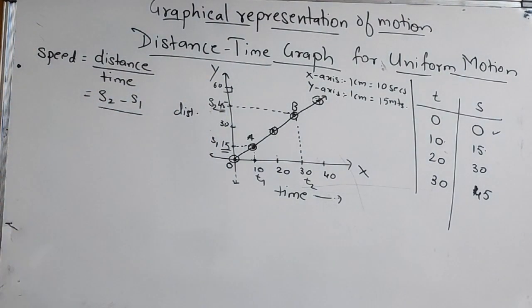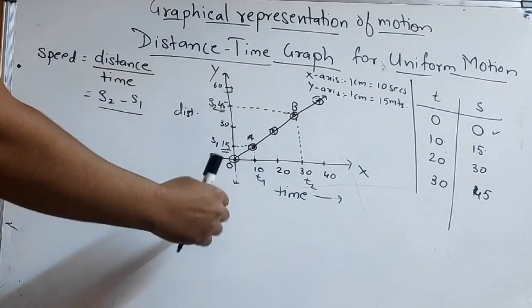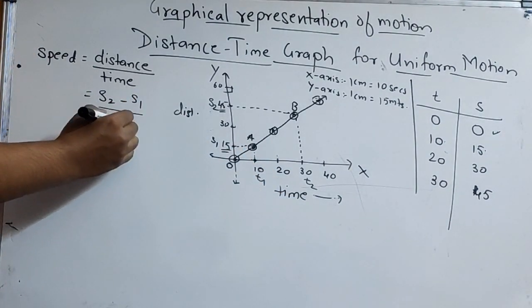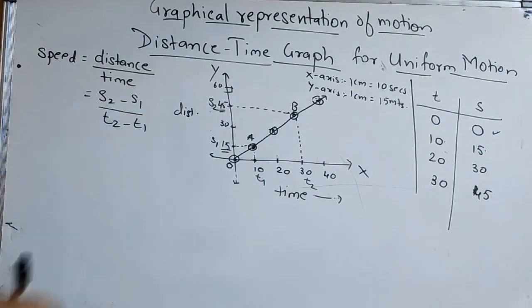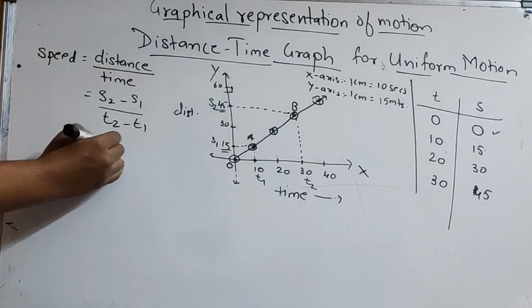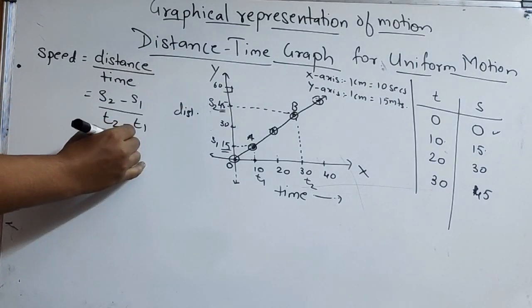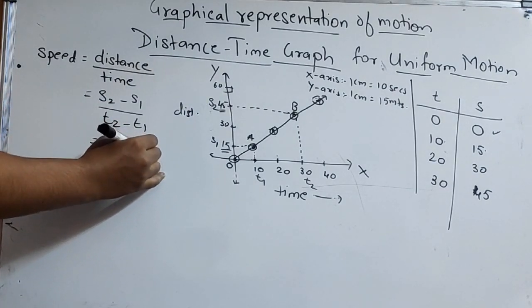And the time taken by the object to reach from point A to point B will be given by T2 minus T1. Okay students, now let us move forward. S2 minus S1 means 45 minus 15.